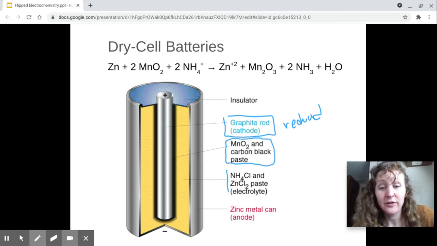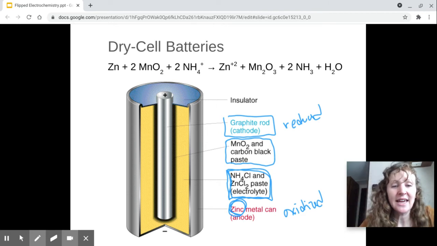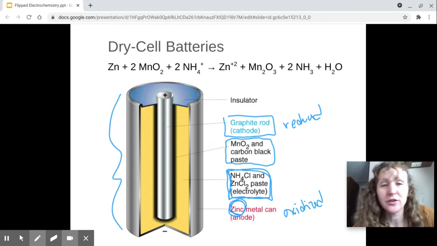We have a couple of salts that are layered in here to be our electrolytes. And then we have zinc here as our anode that's going to get oxidized. And so we have this complete half cell system just contained in something convenient to transport, convenient to plug in, just a little convenient container.